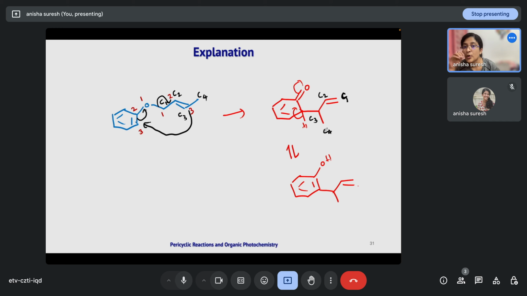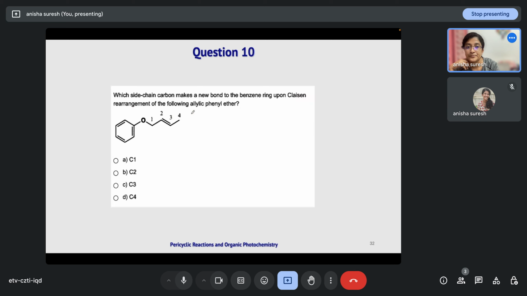So the new bond is formed between the benzene ring and carbon 3 of the allyl phenyl ether. Okay. So option C will be the right answer. The bond will be formed between benzene ring and carbon number 3 after Claisen rearrangement of this allylic phenyl ether. Clear?